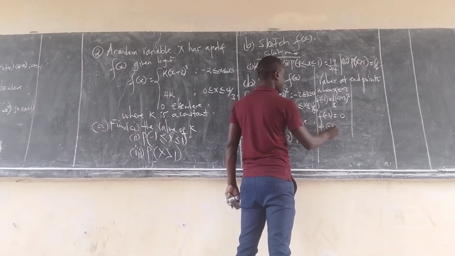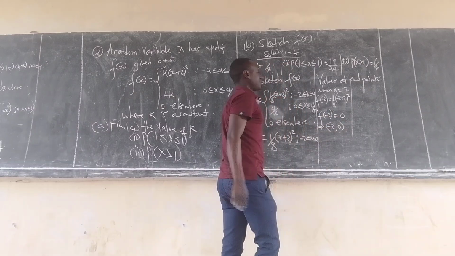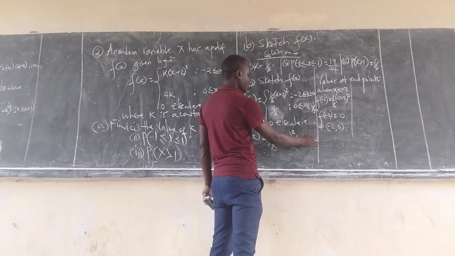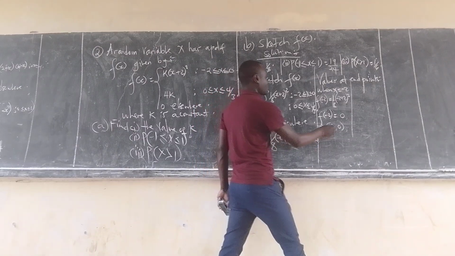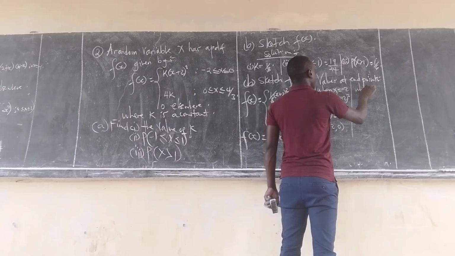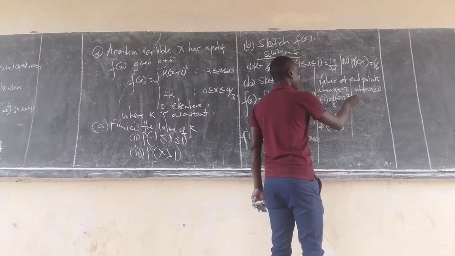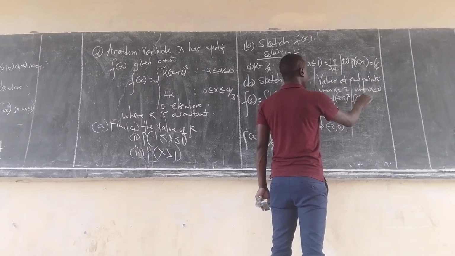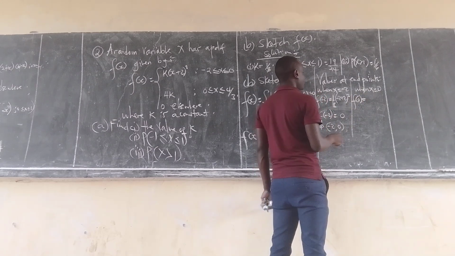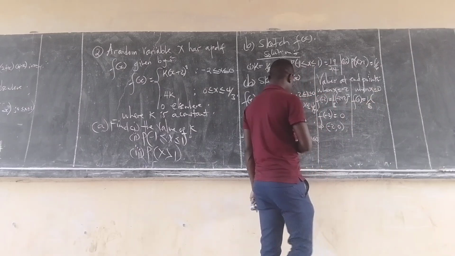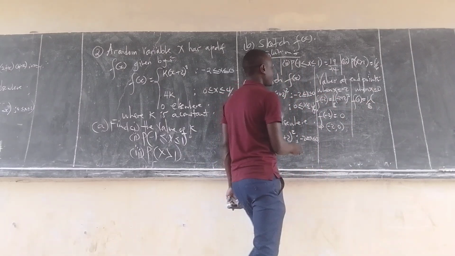F of x is 0. And it is going to end, because it's running from -2 to 0, it will end when x is 0. So the other end, x coordinate is 0. So when x is 0, our f of 0 is going to become 1 over 8 into, where there is x, you put a 0.